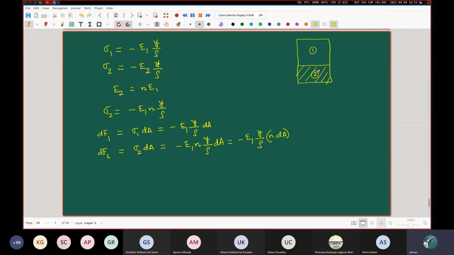Just imagine, as a thought, that instead of this material 2, the material 1 were present. Then the force that would be developed here, the same kind of force that is actually being experienced due to the presence of material 2, is the force spread over an area which is actually n times the original area.